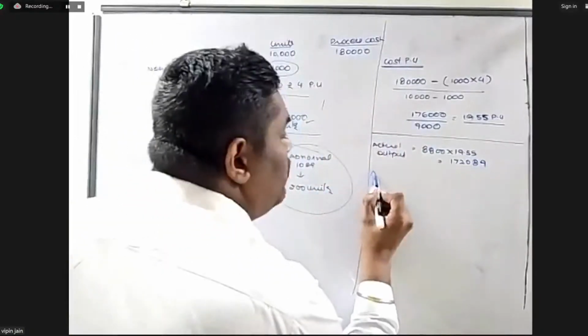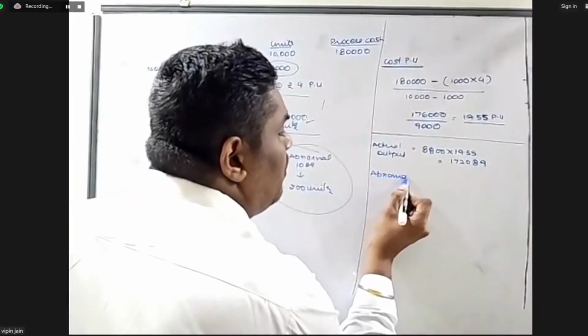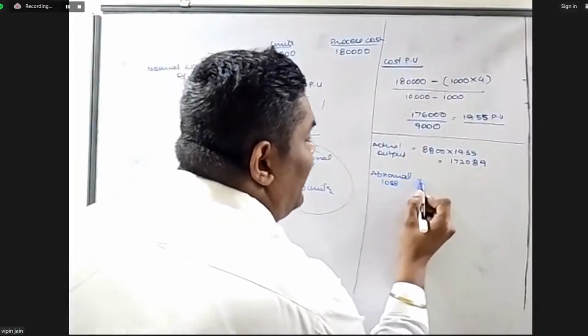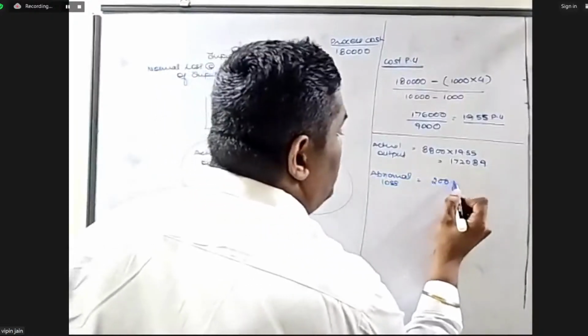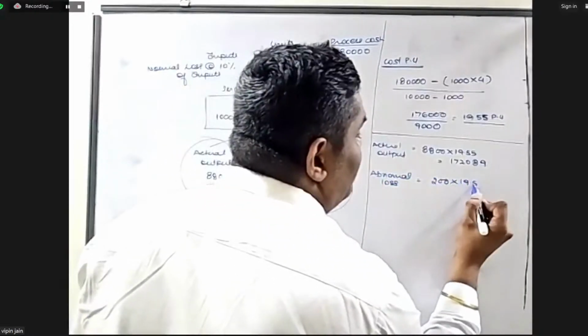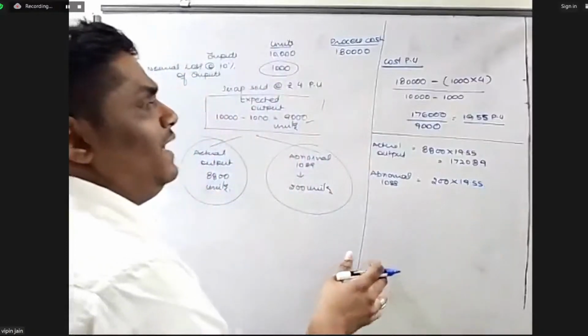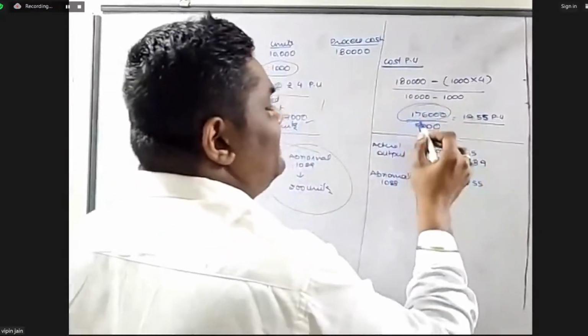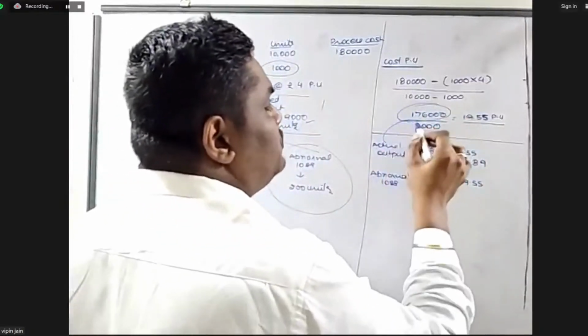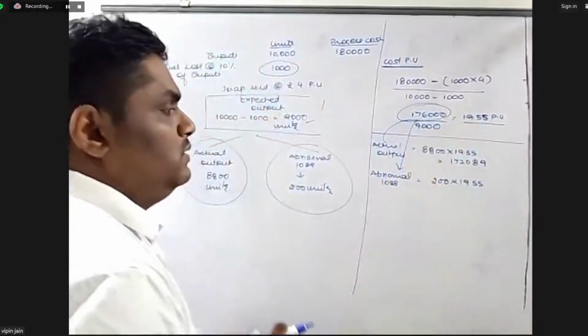And when talking about the value of abnormal loss, the value will be the same, that is 200 into 19.55. So ultimately, we are apportioning this cost of 1,76,000 to the actual output and the abnormal loss.